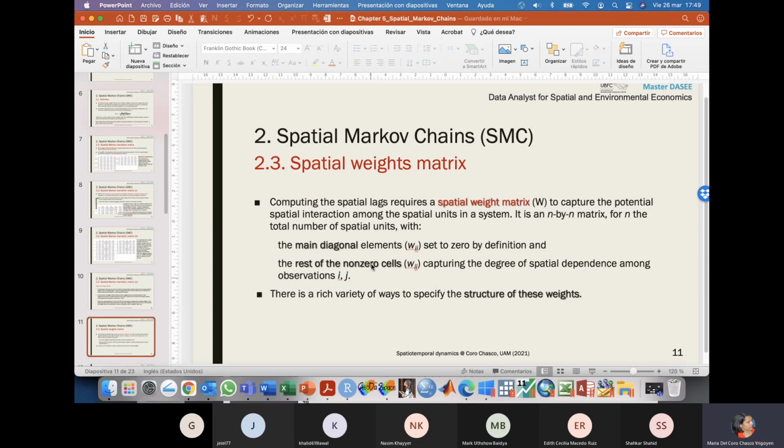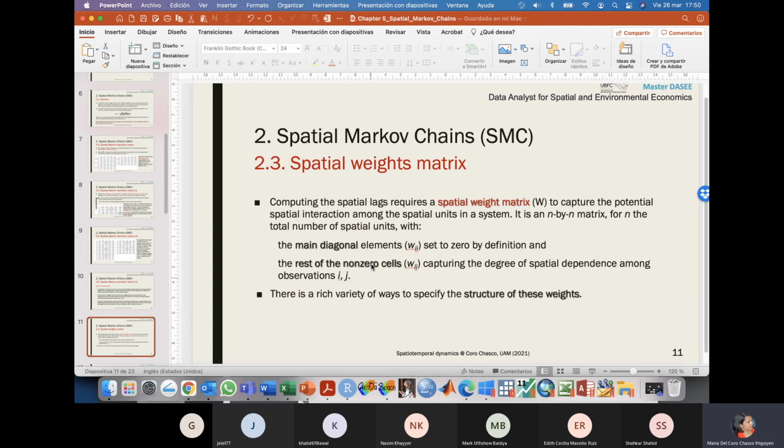The main diagonal elements, as you know, of this W matrix are set to 0 by definition or by convention. Why? Because this matrix considers the spatial units, so the cities among themselves, or the regions or whatever. So why are these main diagonal elements set to 0?